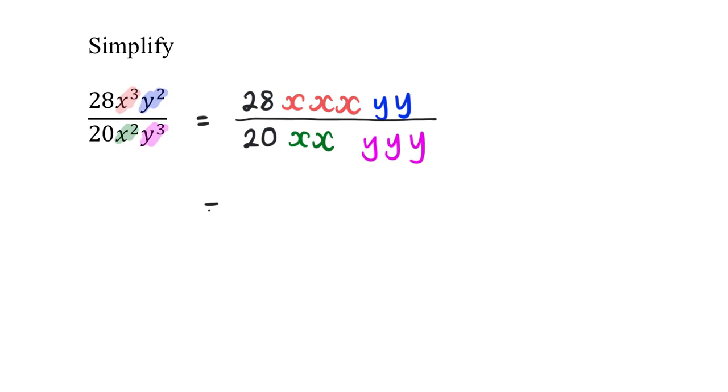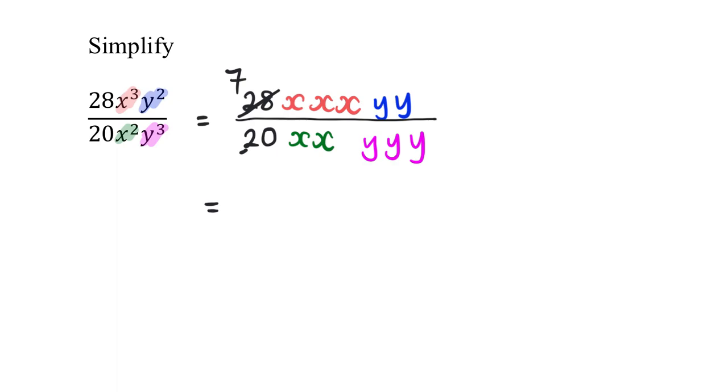And we can now start to simplify by dividing the numerator and the denominator by the same number or variable. So this one I'm going to divide by 4.